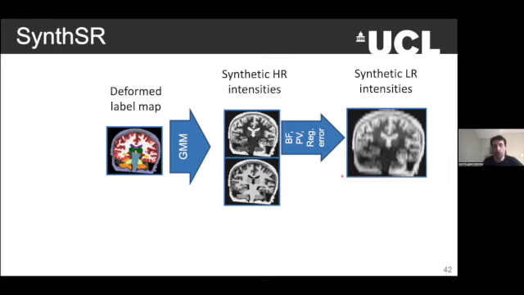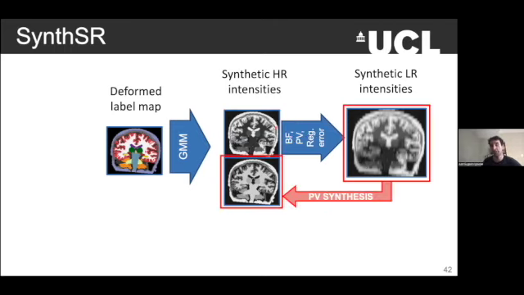What we were doing before was going from fake intensities to segmentation, either at high resolution or from low resolution to high resolution. This is SynthSeg, what I have on the screen right now: you go from synthetic low-resolution intensities to a high-resolution label map. But there are many other things you can do. You could do synthesis, learning how to go from T2 to T1, or super resolution, going from low-resolution T2 to high-resolution T2.